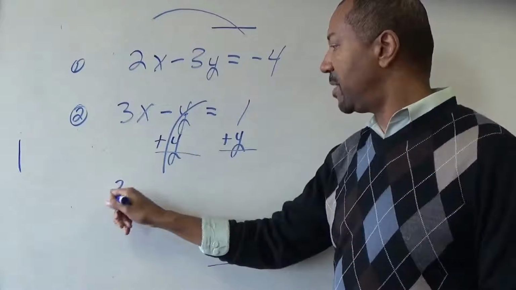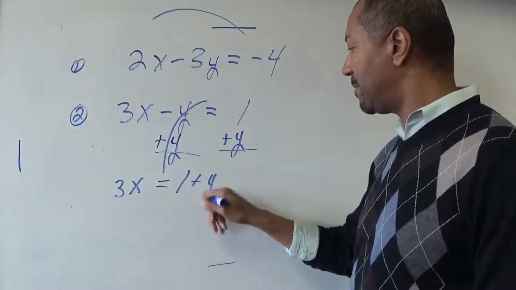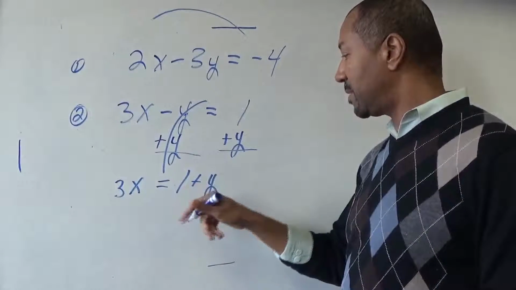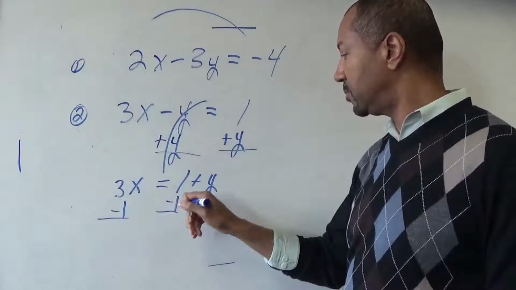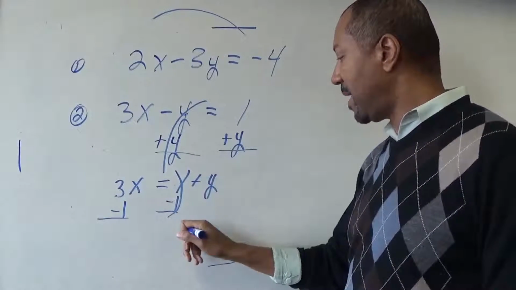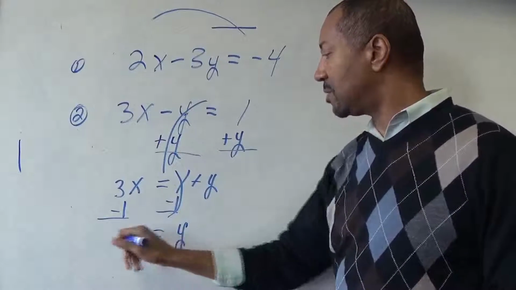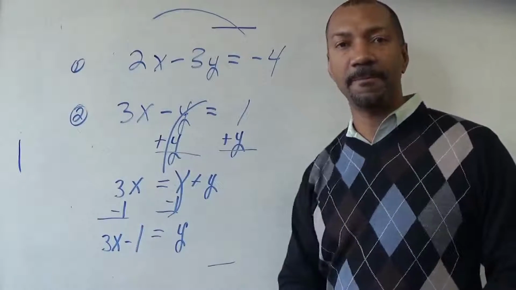That leaves me with 3x is equal to 1 plus y. Now all I have to do is to remove this 1. So I'll subtract it away. That's gone, and I'm left with y being equal to 3x minus 1.